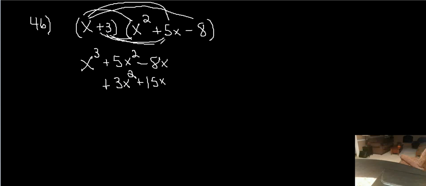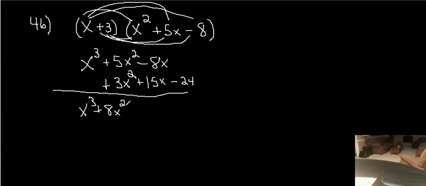And then finally 3 times negative 8, which is negative 24. There we go. Draw my line and bring everything down. X cubed plus 8x squared plus 7x minus 24. Okay, that's number 46.